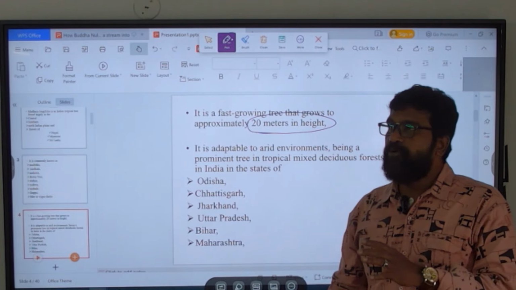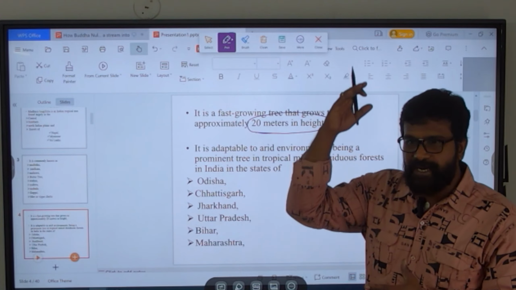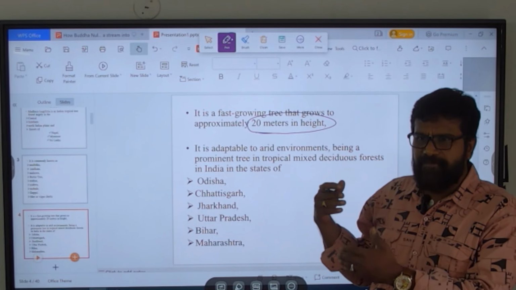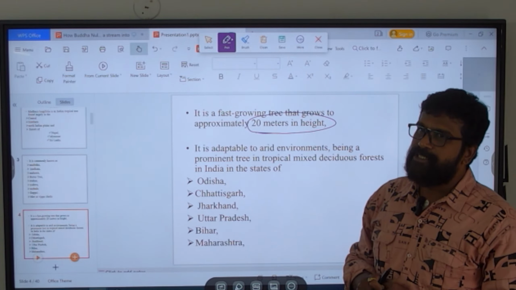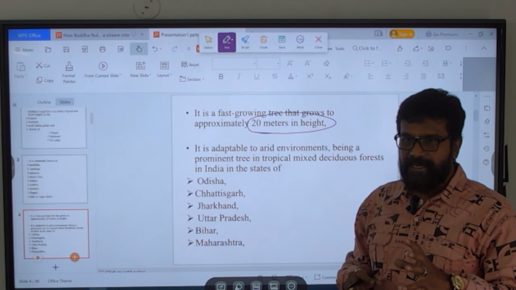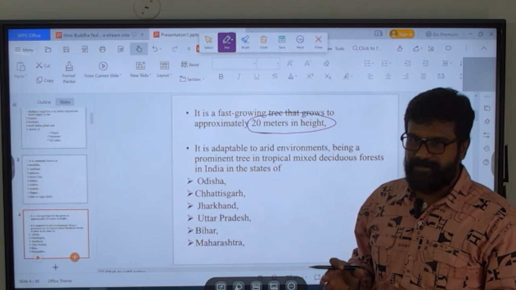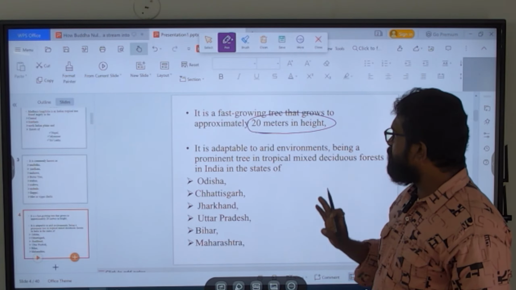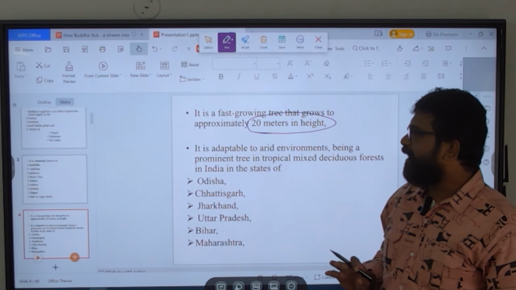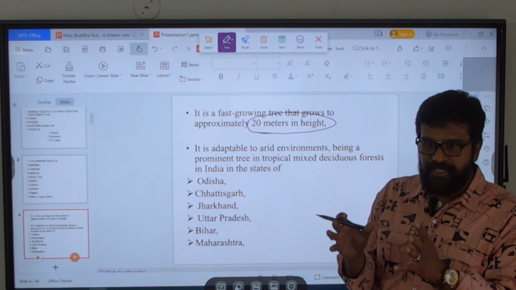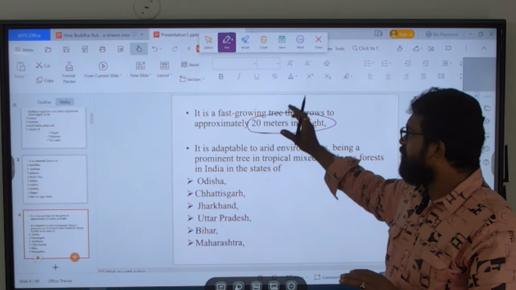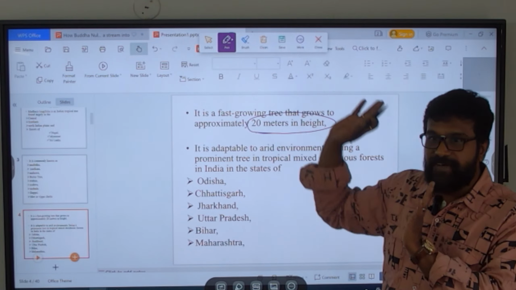When a tree is growing 50 to 60 meters, above 40 or 50 meters, it is supposed to be only in the evergreen forest, right? But this tree grows only 20 meters high, that's why I said this is a deciduous tree. In the deciduous forest we can find this kind of Mahua tree, not in the evergreen forest.